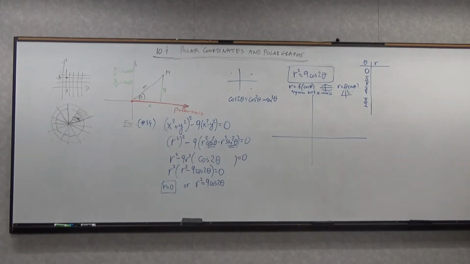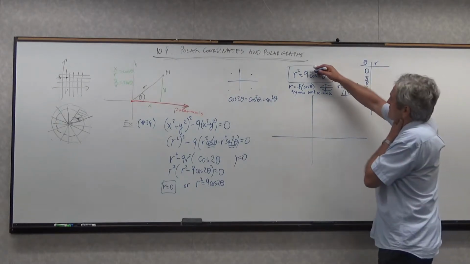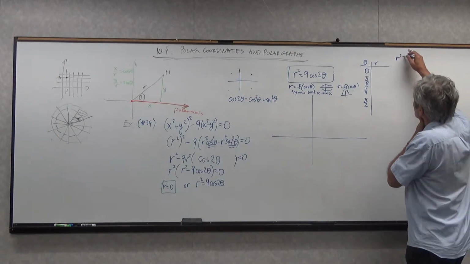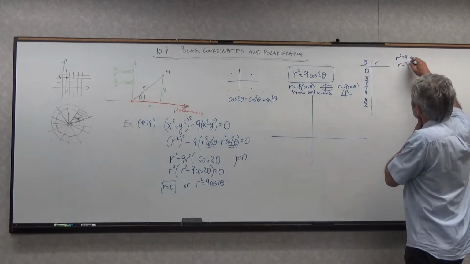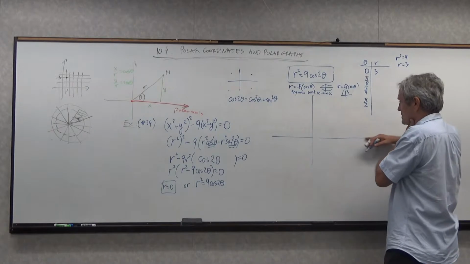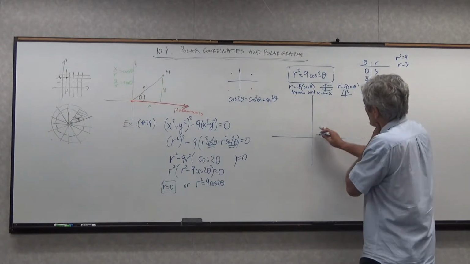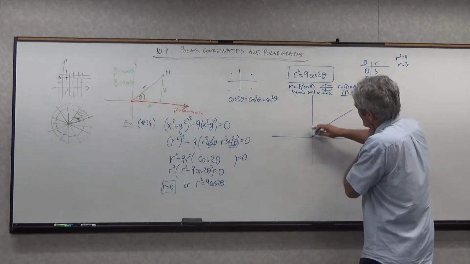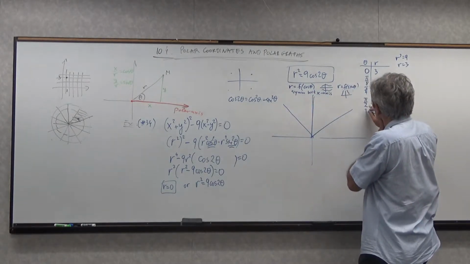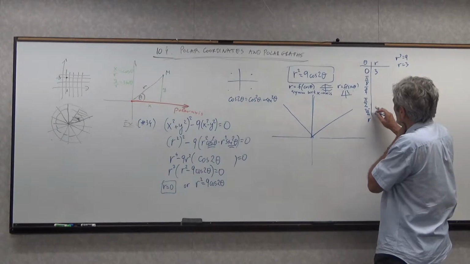As I said, a calculator can do that, but if you do it by hand, I strategically chose those values. Why? Because r squared is 9 cosine 2 theta. So then r squared is 9 here. So r is 3. So that says when theta is 0, so in this row, theta is pi over 4 is here. Theta is pi over 2 is here. Theta is 3 pi over 4 is here. And pi will be there.